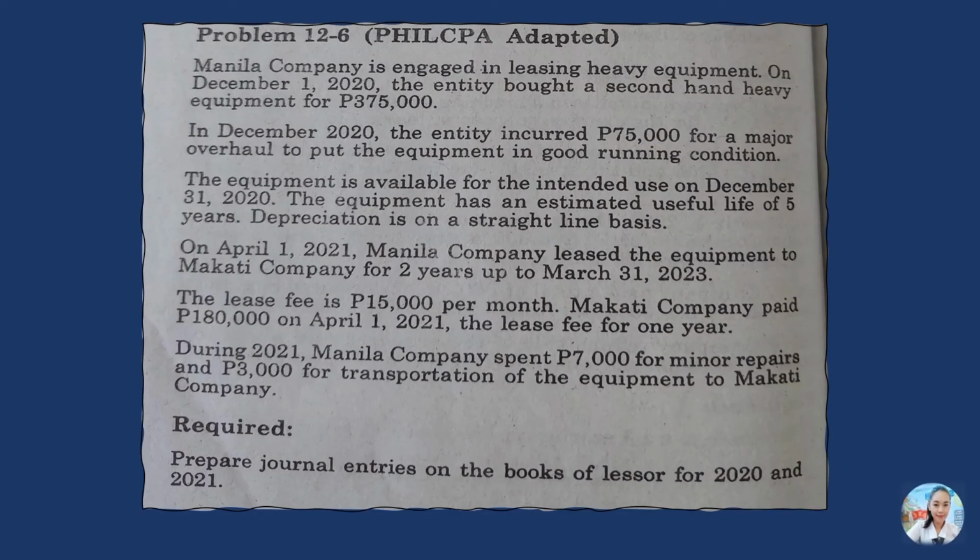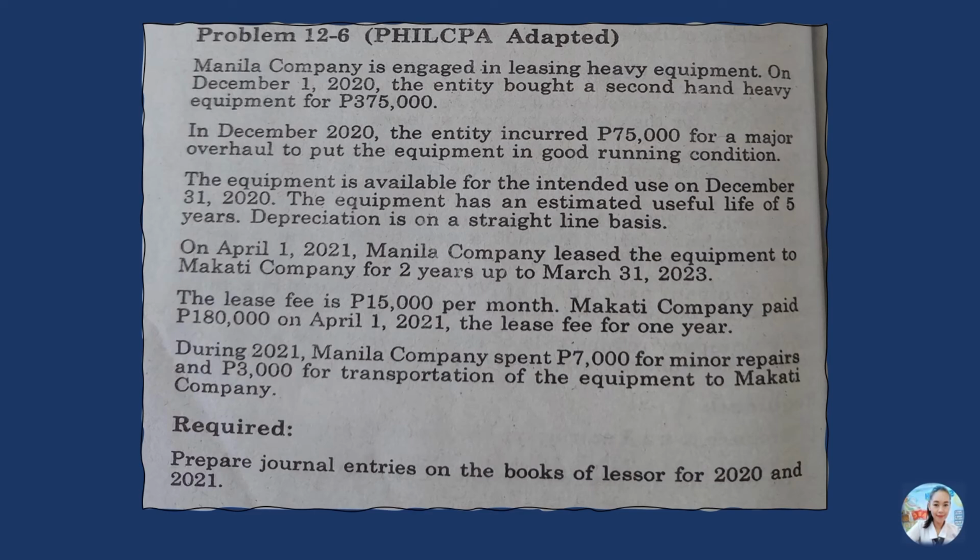Okay, so to continue with the application problems. So I have here problem 12-6. Manila Company is engaged in leasing heavy equipment. On December 1, 2020, the entity bought a second-hand heavy equipment for 375,000.